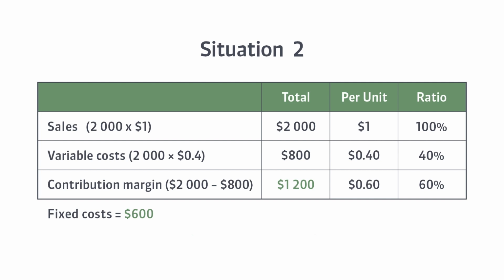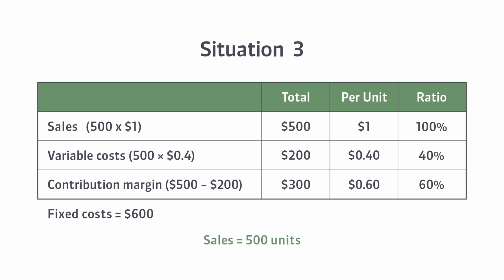With the increase in sales in situation number two, the total contribution margin is greater than the value of fixed costs. This means that the total contribution margin is not only able to cover the fixed costs, but something will be left. This is very good news for our small business.